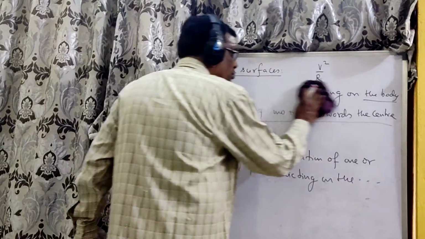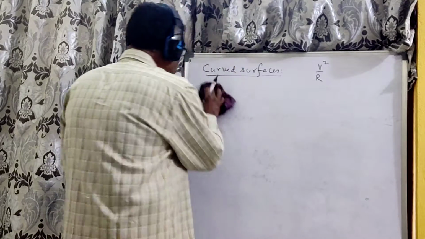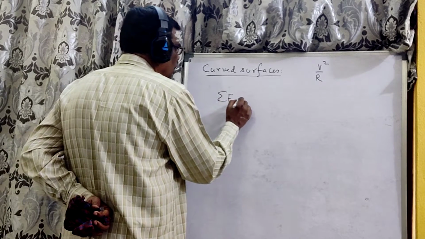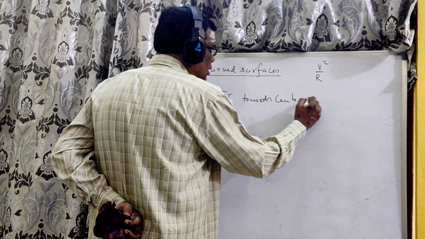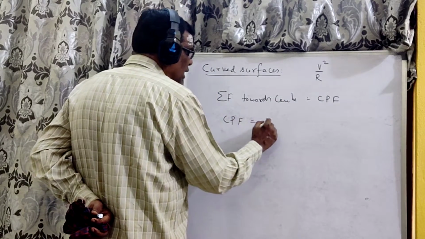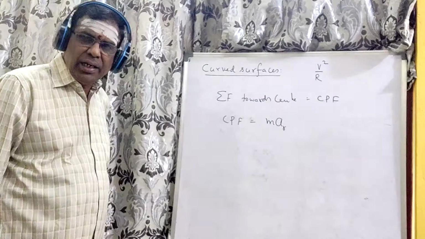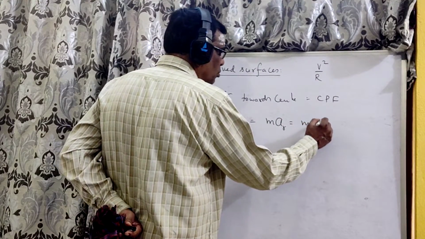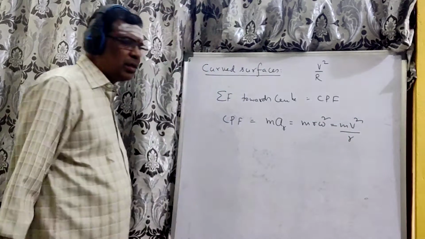Now, suppose on a body you have sigma F towards the center, which is the centripetal force, and by Newton's second law it is always equated to m a_r, the radial acceleration, or m r omega square, or m v square by r.